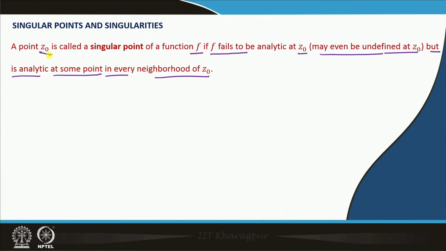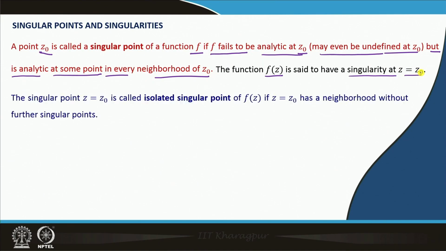So, at a singular point, either the function is not defined or it is not analytic, but in the neighborhood of z0 at some point the function is analytic. Then we say the function f(z) has a singularity at z0.